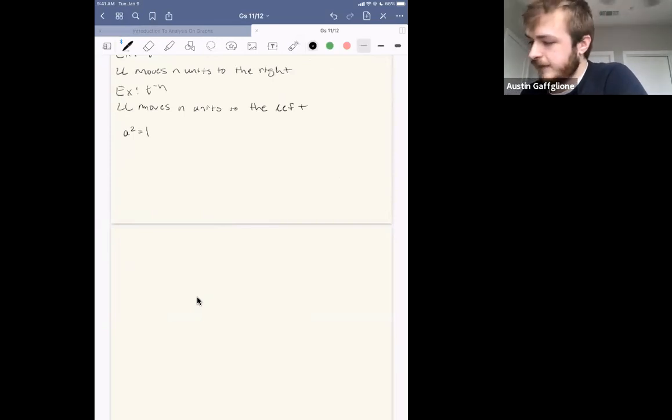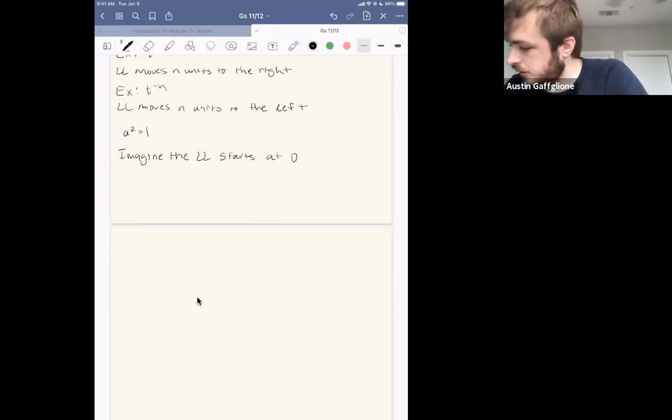And I can also observe another idea. Imagine the Lamplighter starts at 0 with no bulbs on.